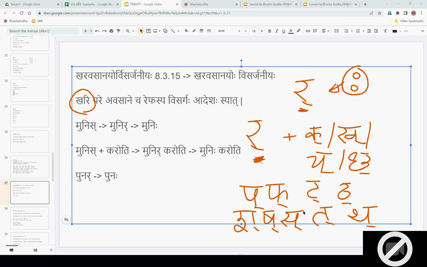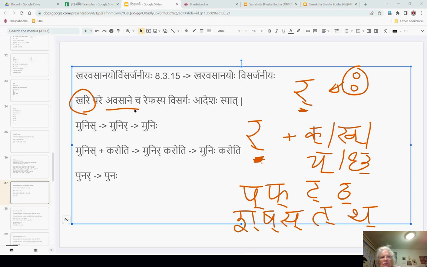Okay? Okay. So the second sound, pare, does that mean that it's the preceding word? Which one? Pare? This one? Yes. Does that mean preceding? No. Pare means following. Oh, following. Yeah. Okay. So that is following, and then avasane cha.